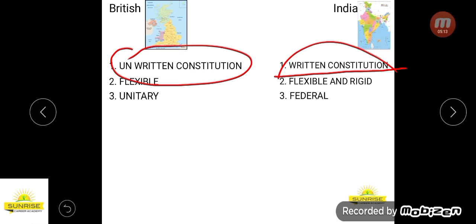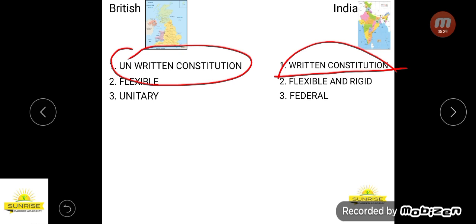The British Constitution is a specimen of evolutionary development. It was never framed. This is very important; you have to keep in mind that it was never framed by any constituent assembly. It has an unbroken continuity of development over a period of more than thousands of years.